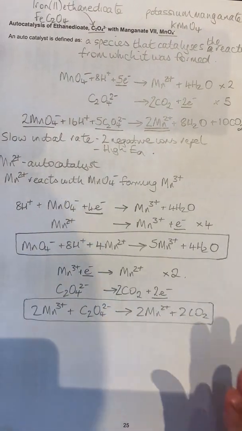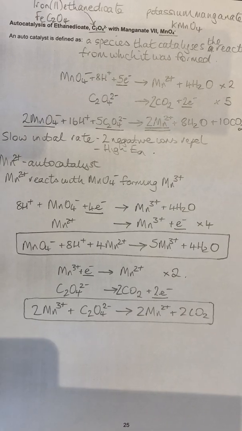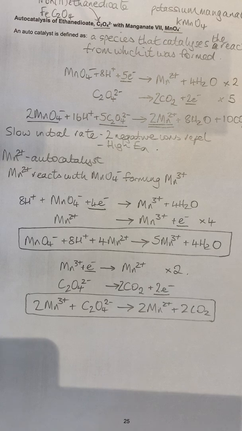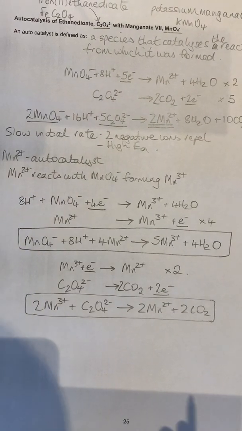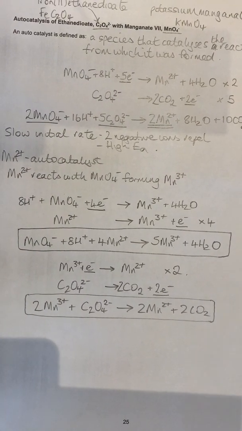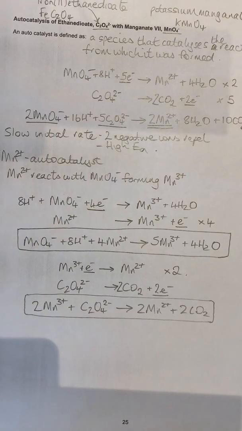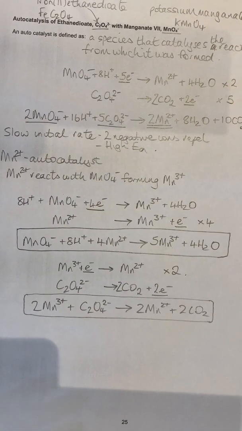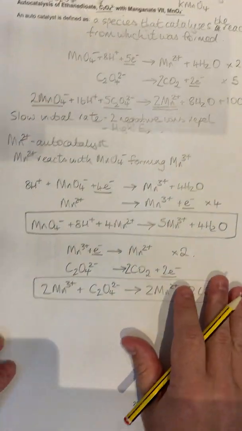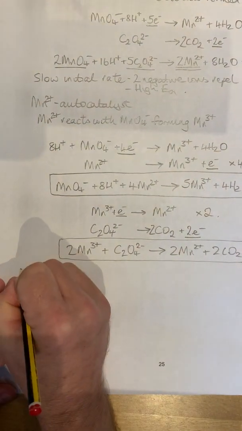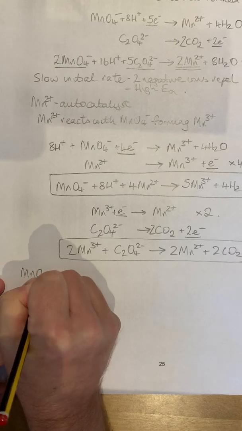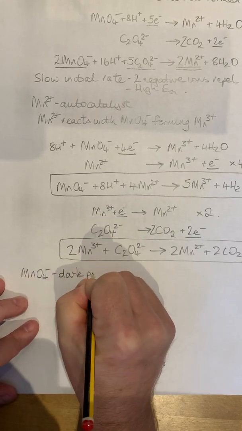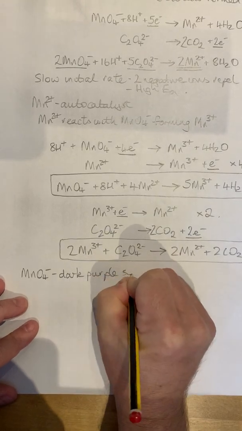Now, there's one other aspect about this. This practical can be followed in something called a spectrophotometer. You should have covered the previous pages in the booklet regarding colorimeters or spectrophotometers. The important factor about this is that MnO4- is a dark purple solution.